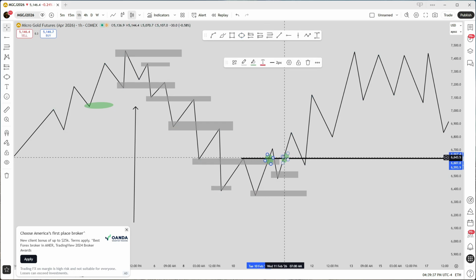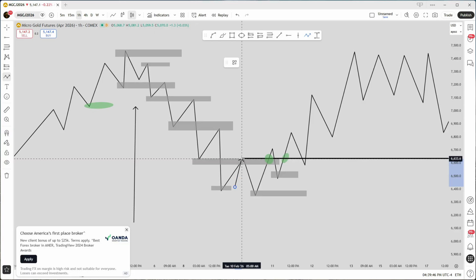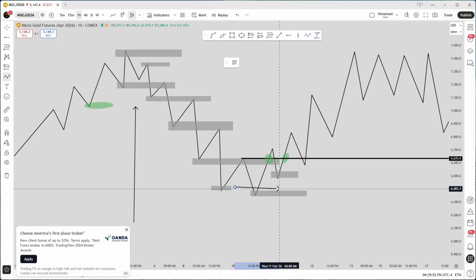Back above that point, you don't want to go for a buy. Why? Because sellers are here, and the sellers that are here pushed the price down. So anything below this level, people are going to automatically want to sell.